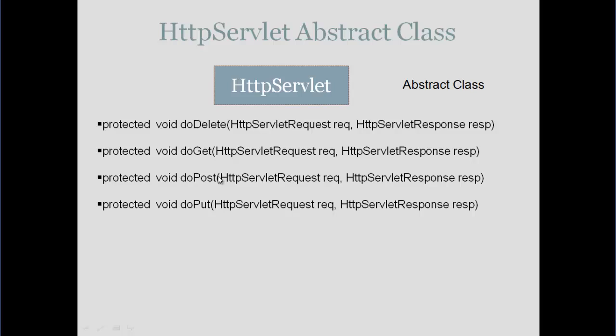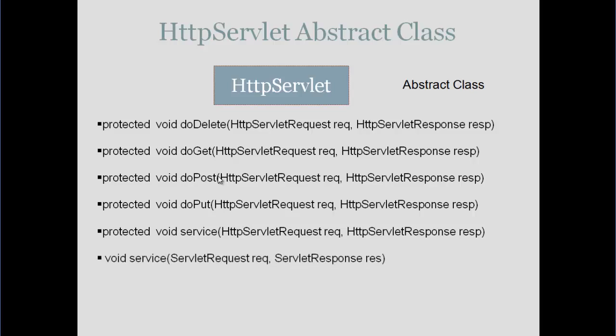We will learn about the difference between doGet and doPost in our subsequent tutorials. And the doPut method, whenever a client calls doPut, some resource will be uploaded to the server. So whenever a service method is called, the service method internally calls one of these methods. We will learn about these methods in more detail in subsequent lectures.